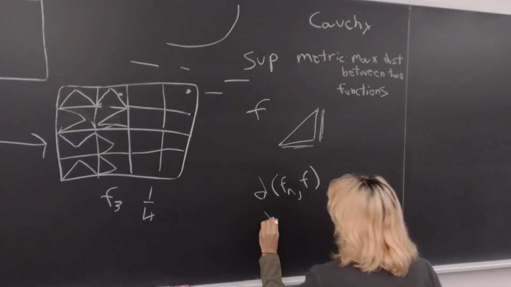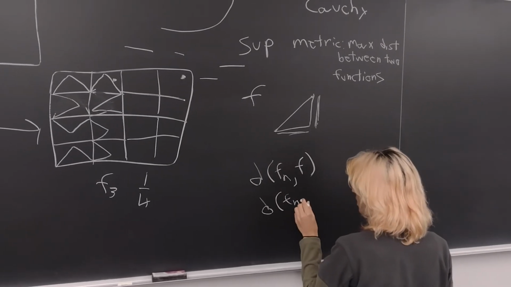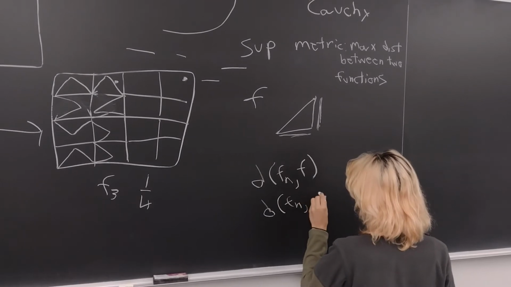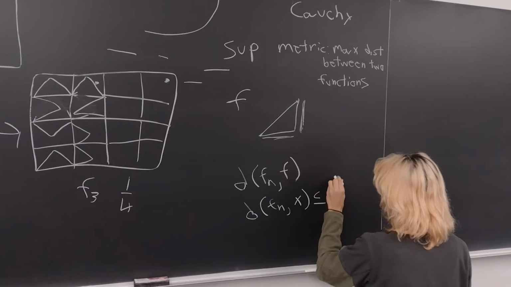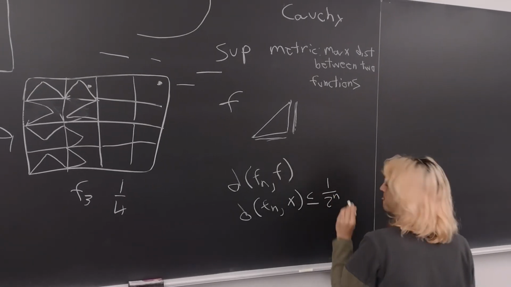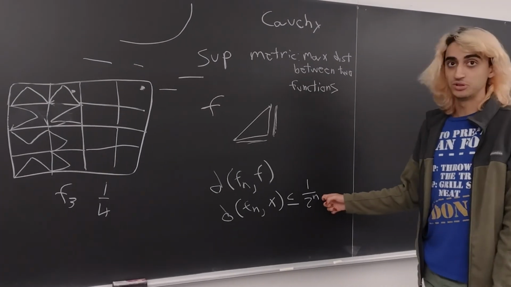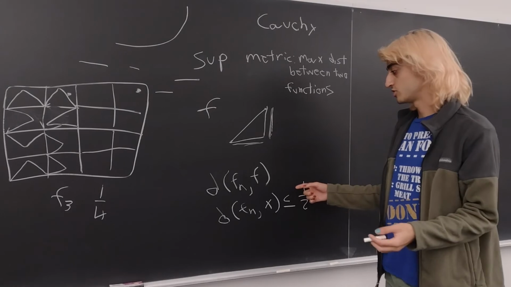So we can show the distance between some fn and the point that we want, we'll call it x, is at most 1 over 2 to the n. And we can make that as small as we want by making n really big. And this we can also make as small as we want because that's basically the definition of convergence.